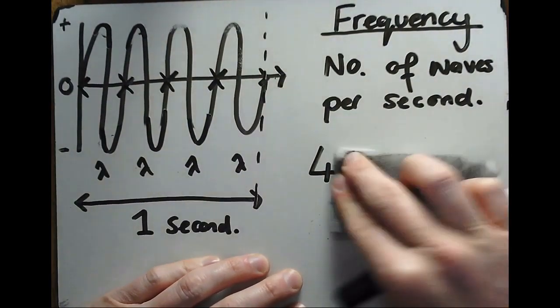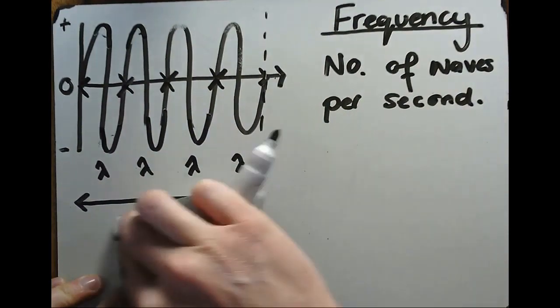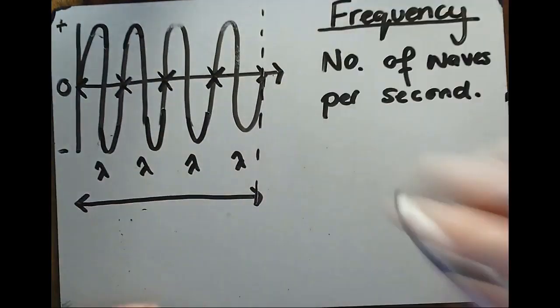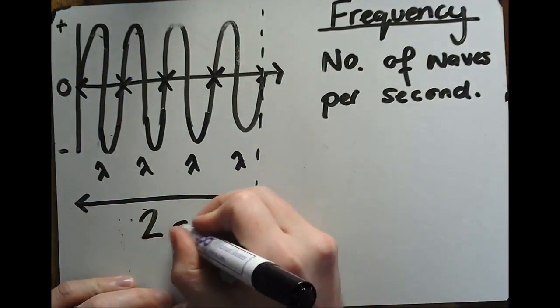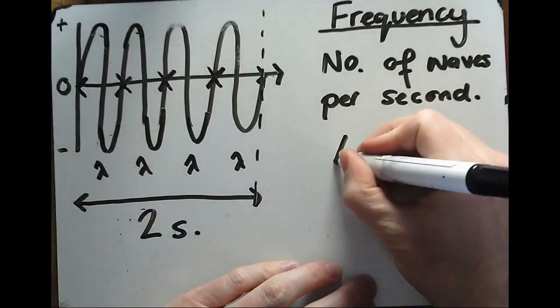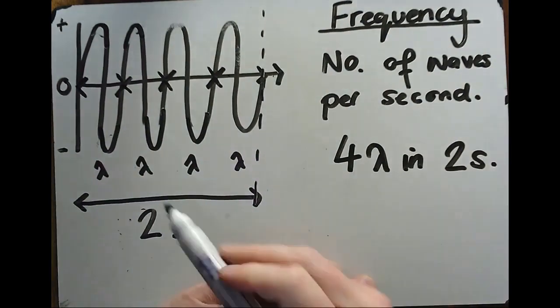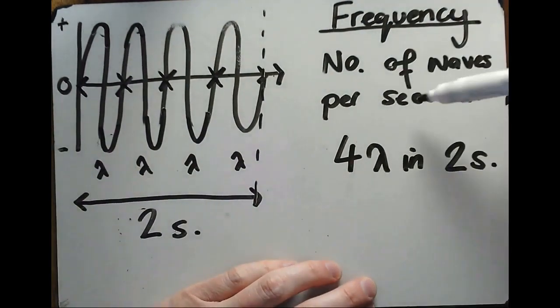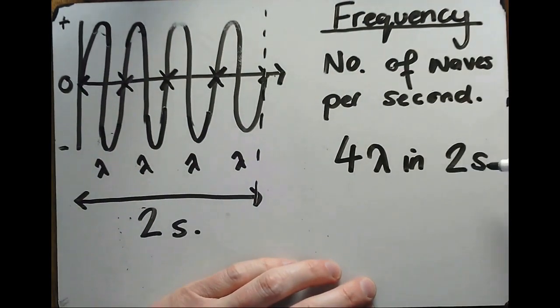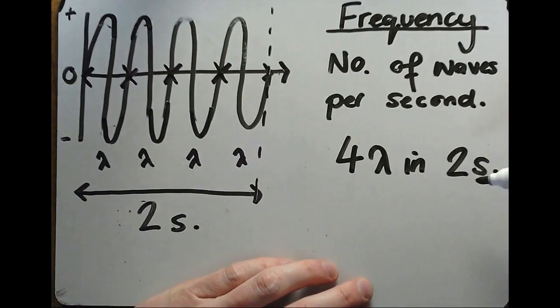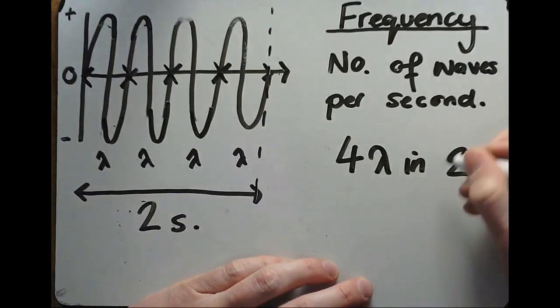Let's change this. Let's say there are still these 4 waves, but this was 2 seconds. So we've got 4 waves in 2 seconds. The definition of frequency says the number of waves per second, so we don't want how many waves per 2 seconds, we want how many waves in 1 second.